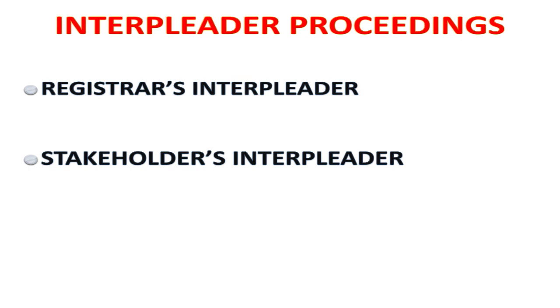Before the end of this lecture, you should be able to identify and define what we mean by interpleader proceedings, and you should know the procedure that follows after an interpleader proceeding. I will not explain the registrar's interpleader yet, and I won't explain the stakeholder's yet, but bear in mind that there are two kinds of interpleader proceedings. Before I explain these two, I must first define what interpleader proceedings are.